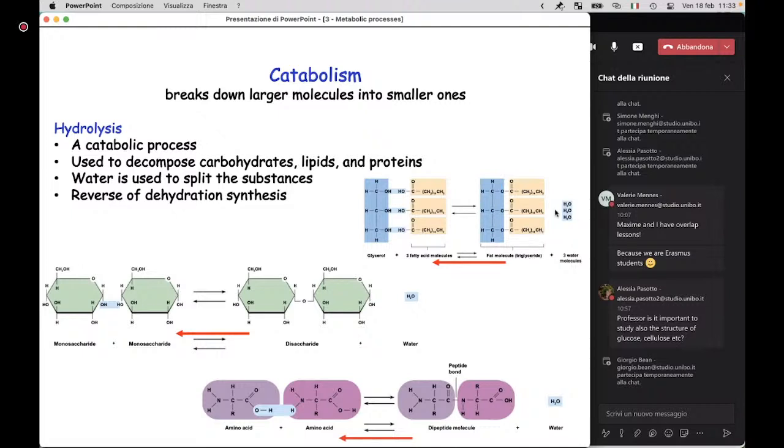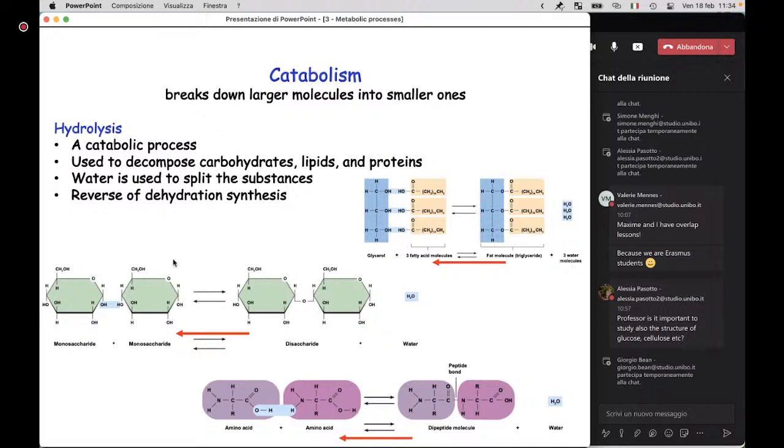This reaction needs water instead of producing water, needs water in order to destroy, to break down bonds and to form smaller molecules. So these are hydrolysis reactions. When we use water to break bonds, we call it hydrolysis.